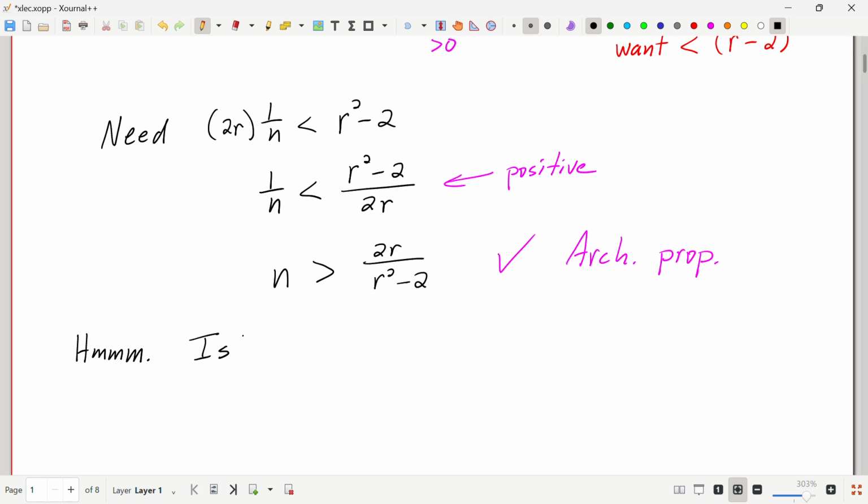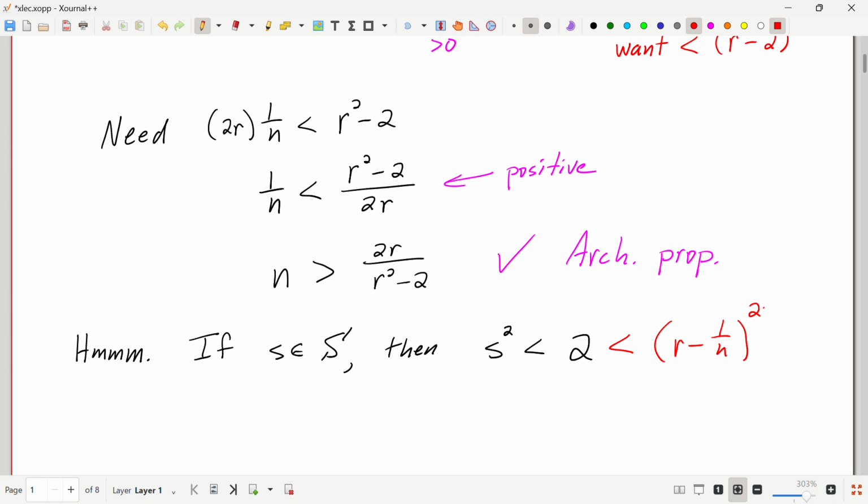Here's the thing, if I locked you in a room and said, don't come out until you can show me this is true, you'd have to think about this step. If s is in S, then s squared is less than 2. That's the definition of the set S. And now we have this other thing that's less than R minus 1 over n squared.